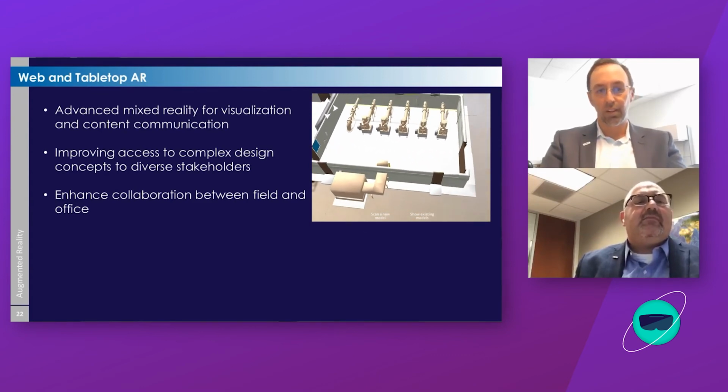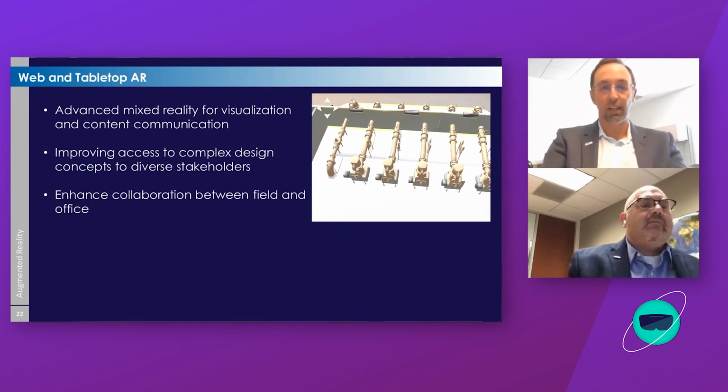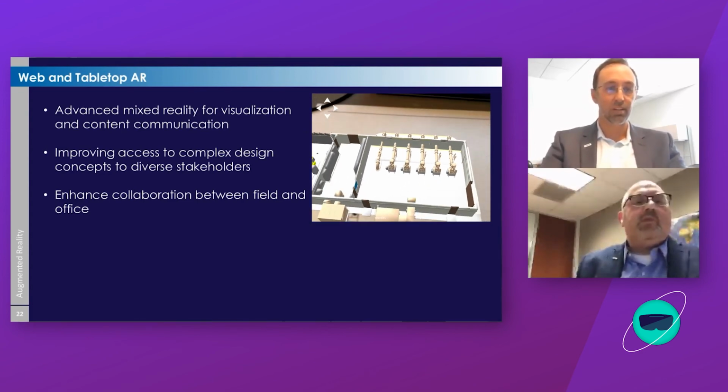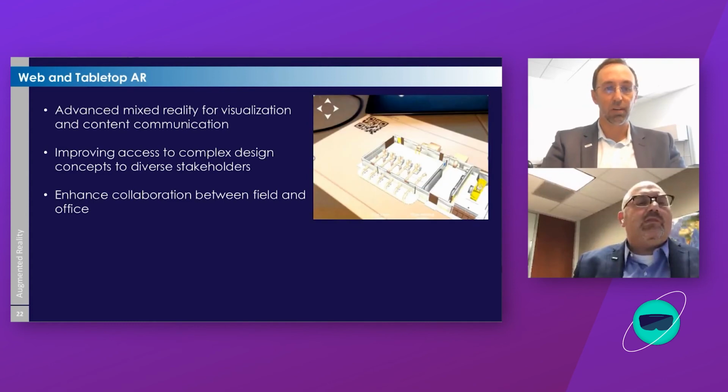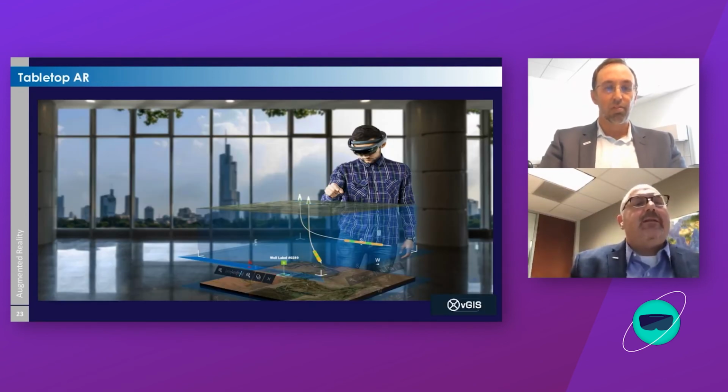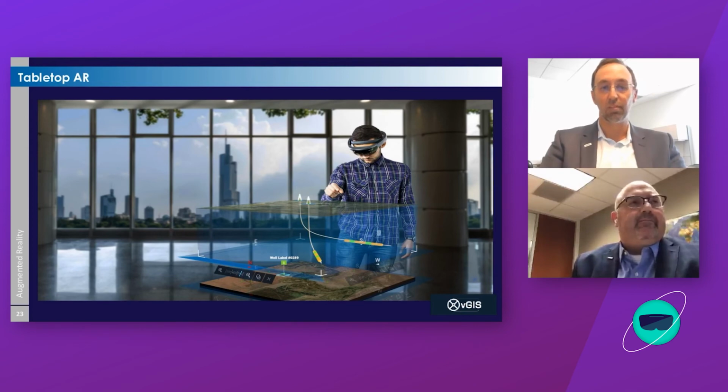It's taking that 2D design file and making it an interactive 3D experience so that you can get a much better understanding of how this will be built. Also, fully immersive environments for design collaboration, team collaboration, and an augmented view.